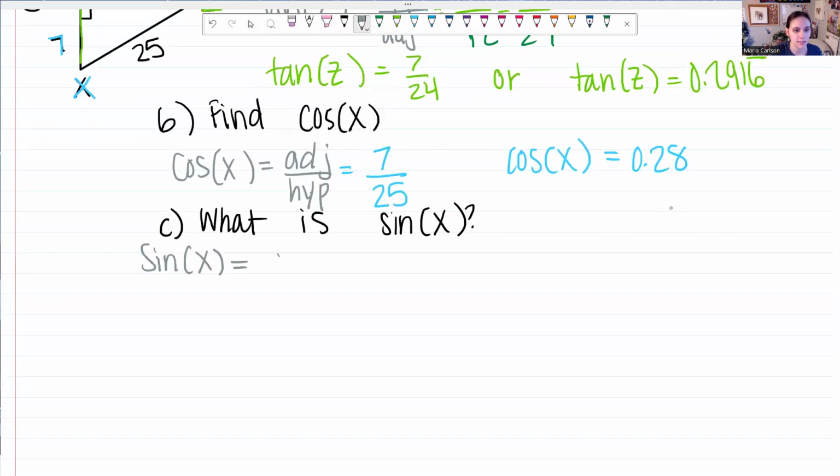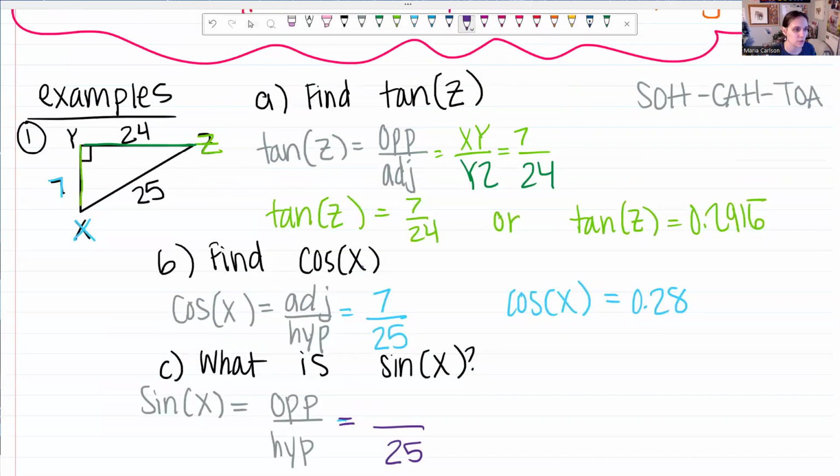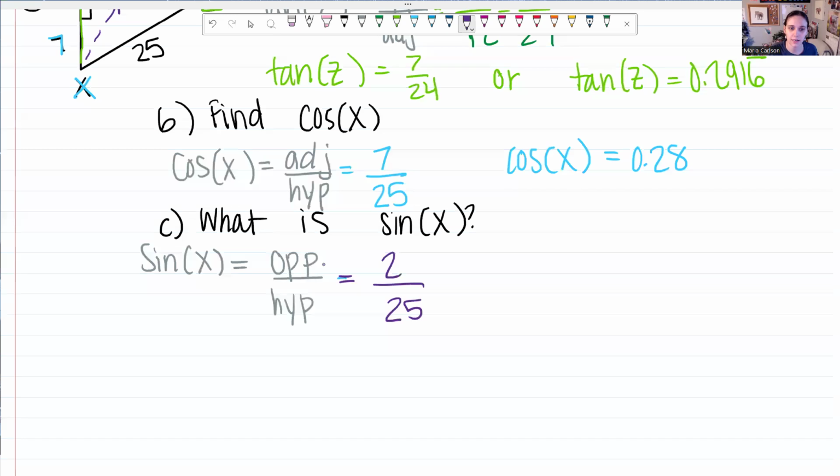We were just working with cosine of x, which was adjacent over hypotenuse. I know the hypotenuse is 25. This time I need the opposite side from x, which is 24. So sine of x is equal to 24 over 25, which if I put that into my calculator gives me 0.96.